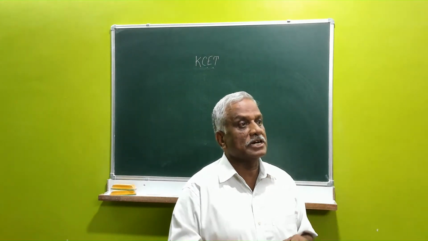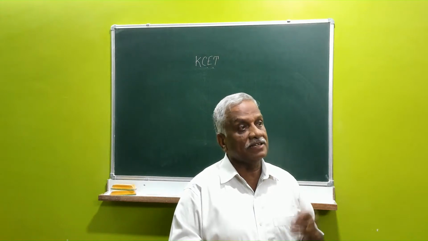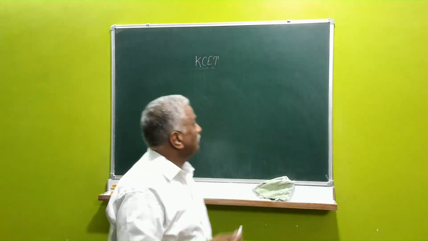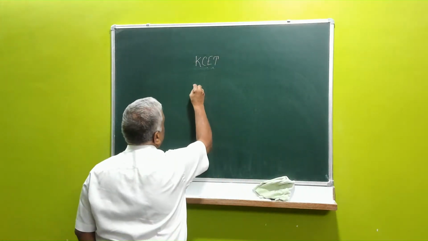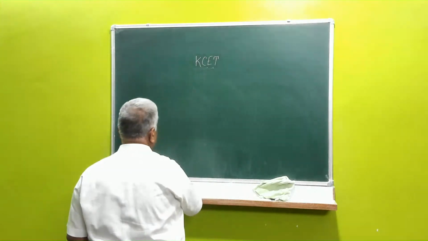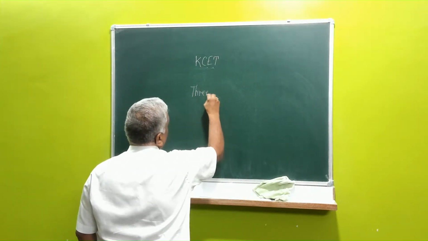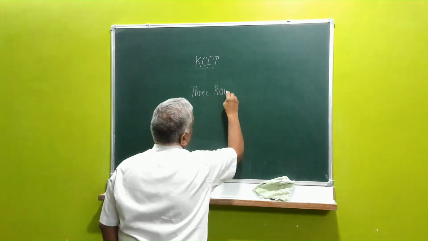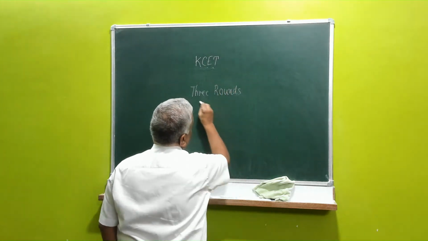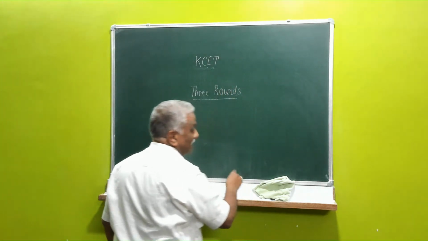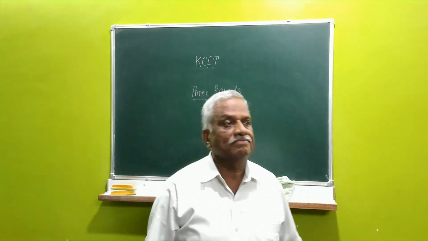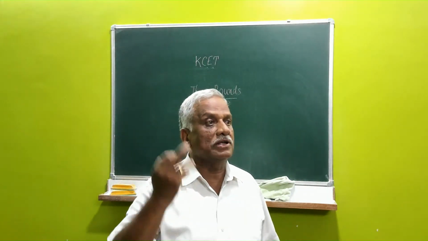Practically, students might have a different way of thinking also. I would rather suggest students to have three rounds of answering. You should answer a CET paper in three rounds: first round, second round, third round.